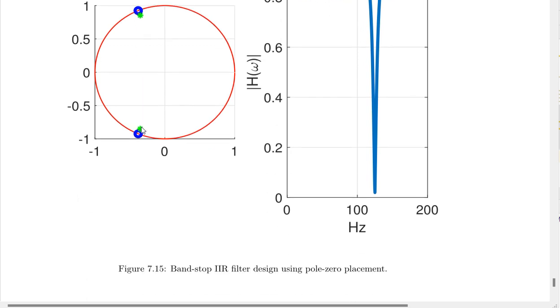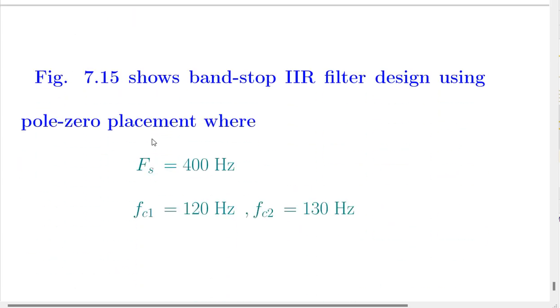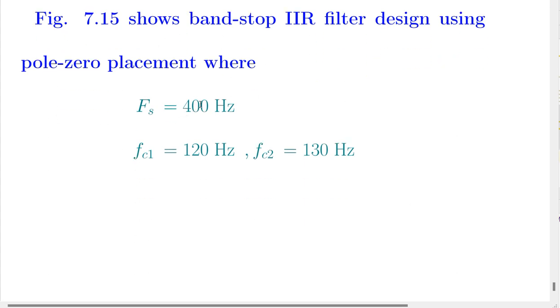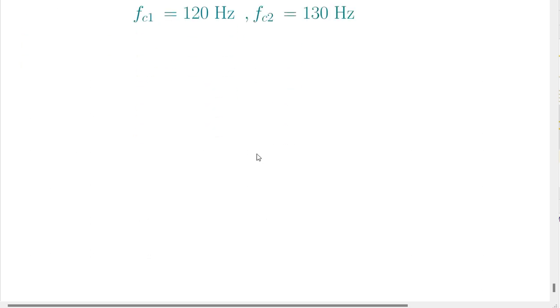We have mentioned it earlier. Now, we just mentioned the idea: Fs is 400 Hertz, FC1 is 120 Hertz, and the next one is 130 Hertz. Okay.